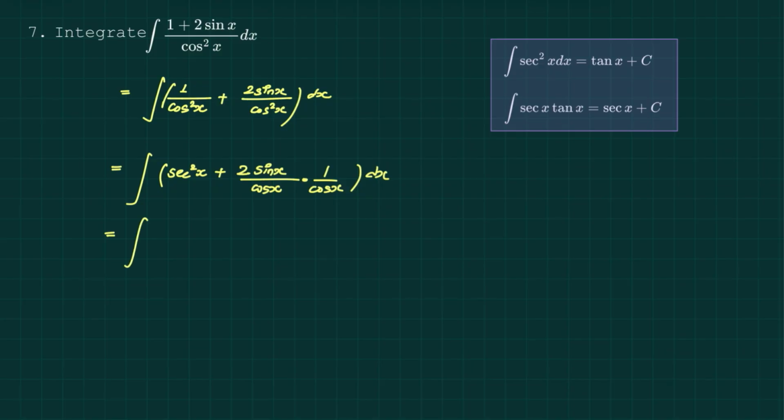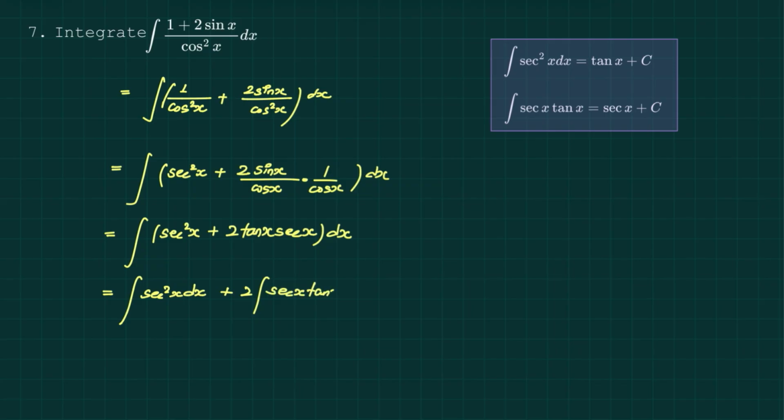So this equals integration of sec square x plus 2 sin over cos, which is tan, and 1 over cos, which is sec, dx. Now let us separate the integral: sec square x dx plus 2, a constant, integration of sec x tan x dx. Since integration of sec square x from the formula is tan x, and the integration of sec x tan x is sec x, it will be plus c at last.